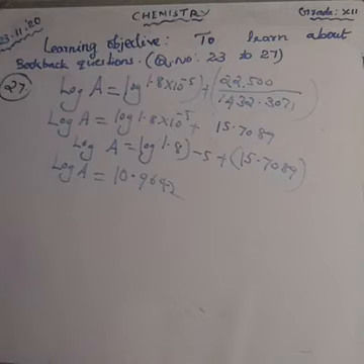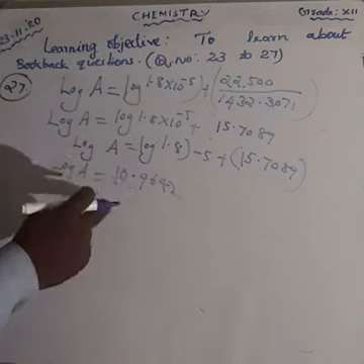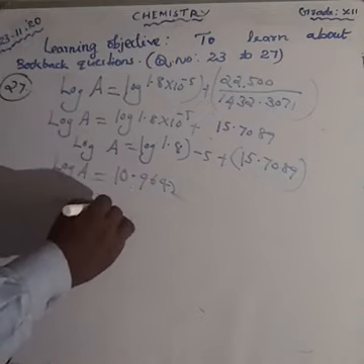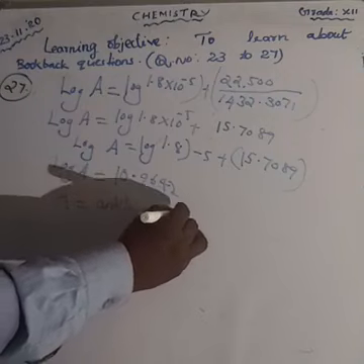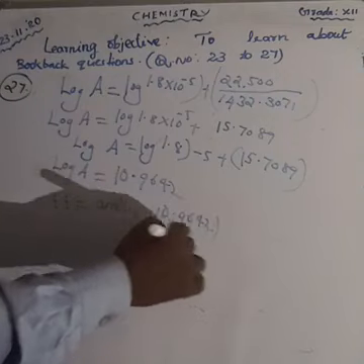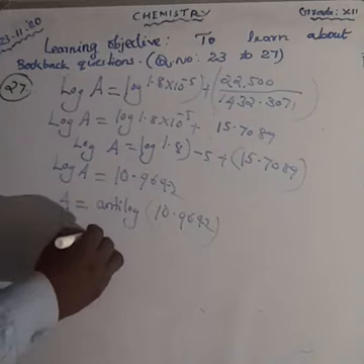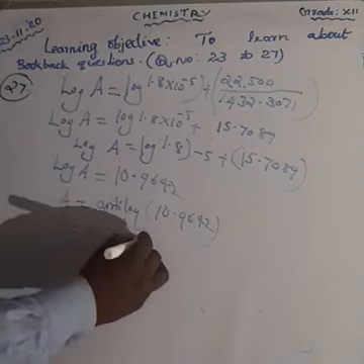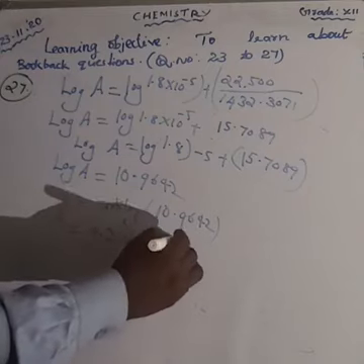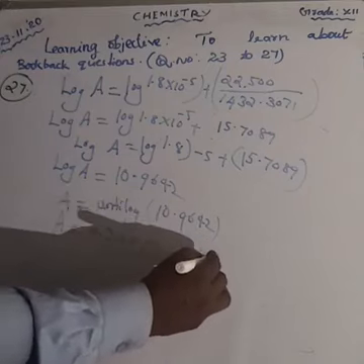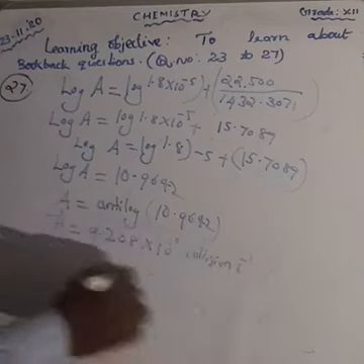Then A is equal to the antilog of 10.9642. About the antilog, A is equal to 9.208 into 10 raised to about 10, in second inverse. This is the answer.